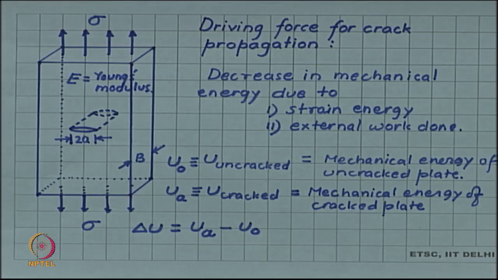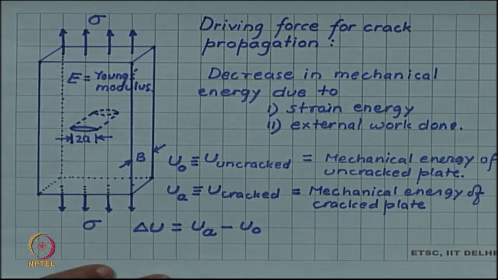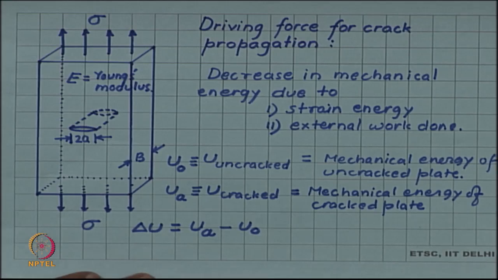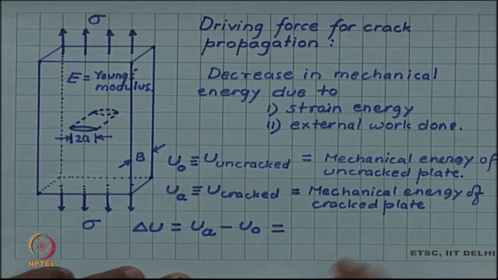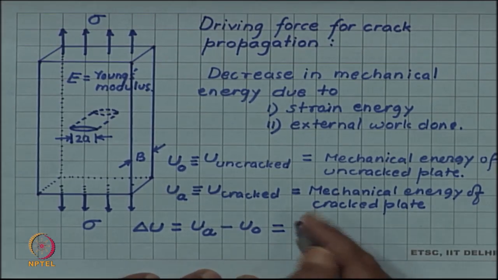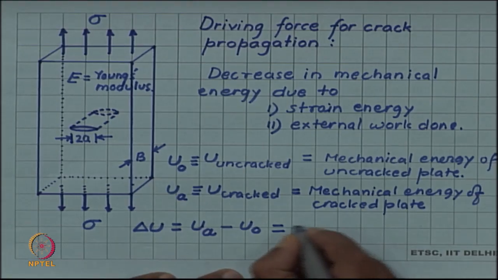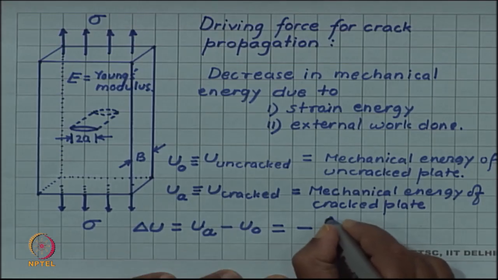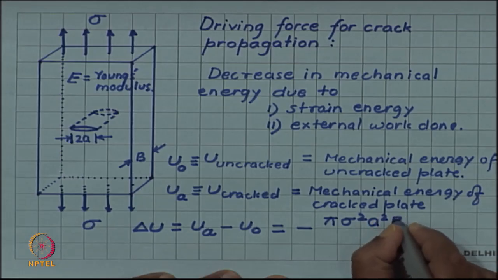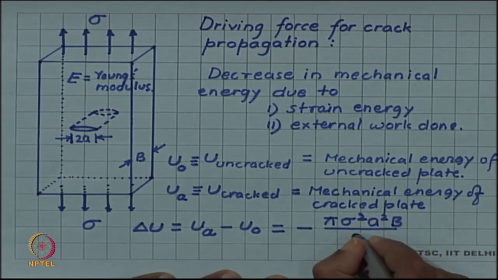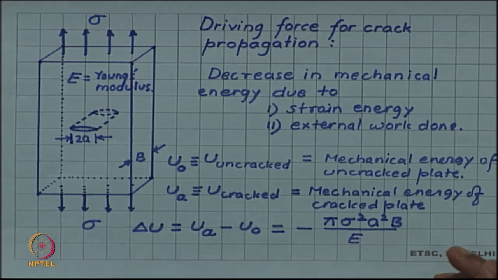In terms of these parameters, the calculation is much more involved, it is a problem in solid mechanics or continuum mechanics, we will not get into that, we will simply take the result from the calculation of Griffith, and that is minus pi sigma square a square B by E.